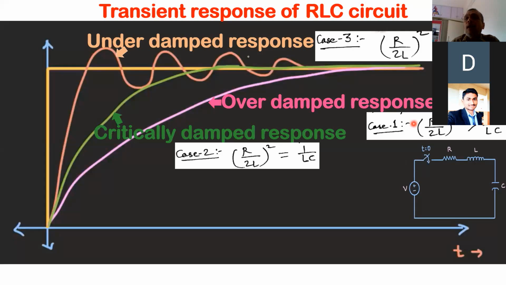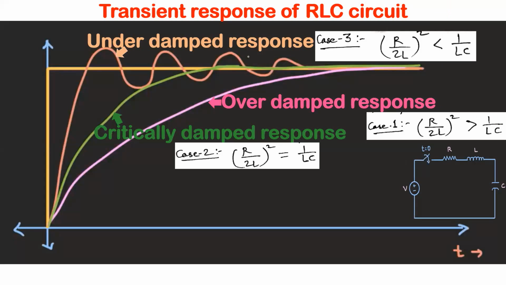Then by drawing the equivalent circuit at time t equal to 0, we can apply KVL for that particular circuit, and after applying KVL, we get a second order differential equation. In the solution of that second order differential equation, we have seen that there are a total of 4 cases.